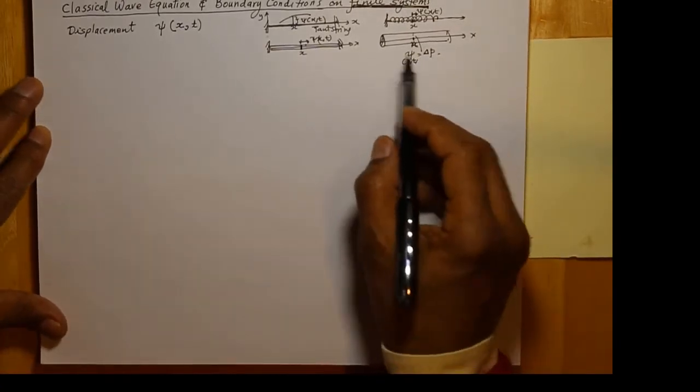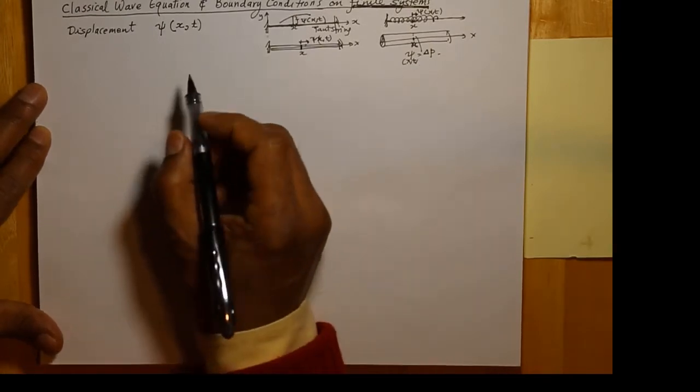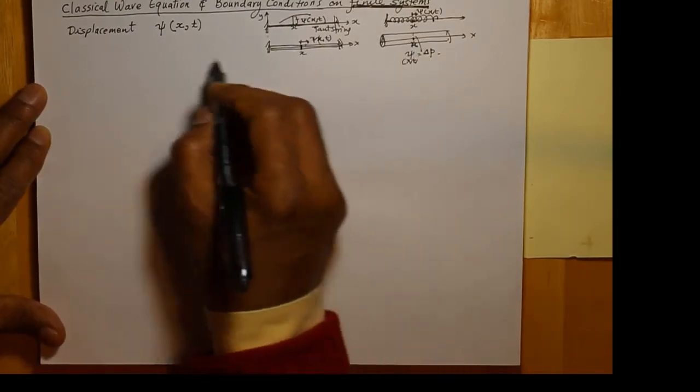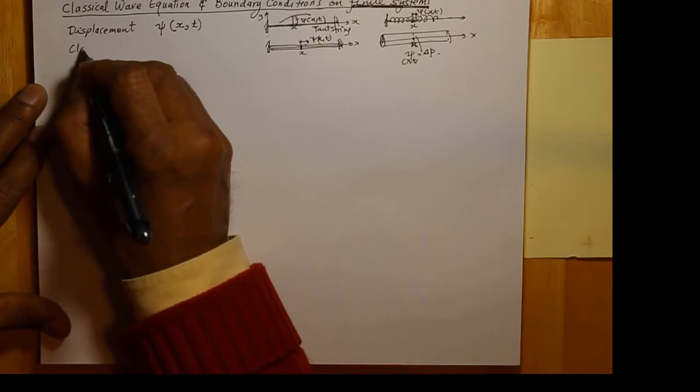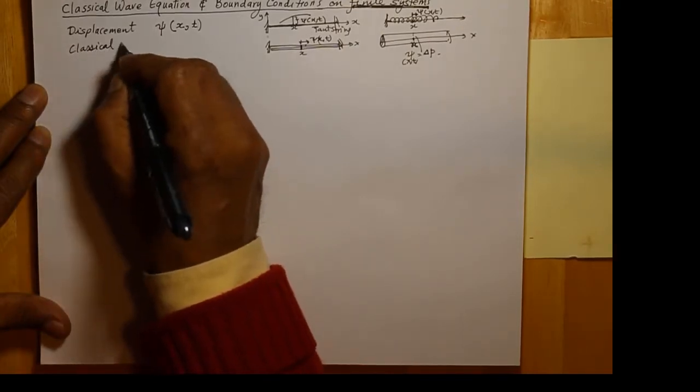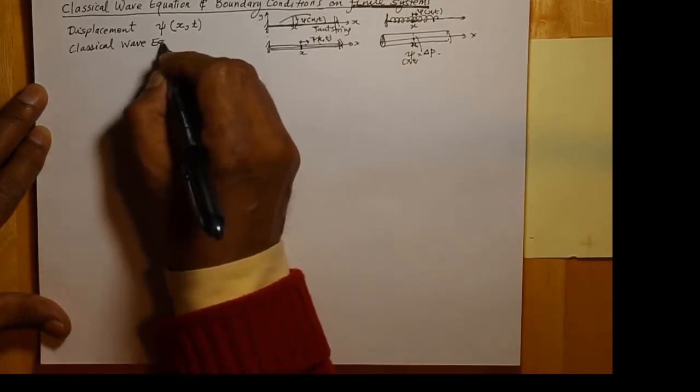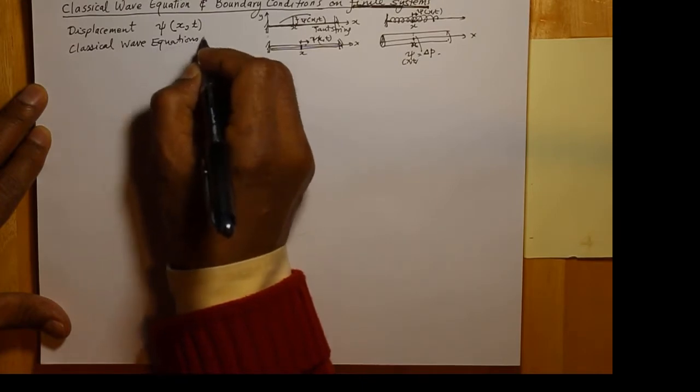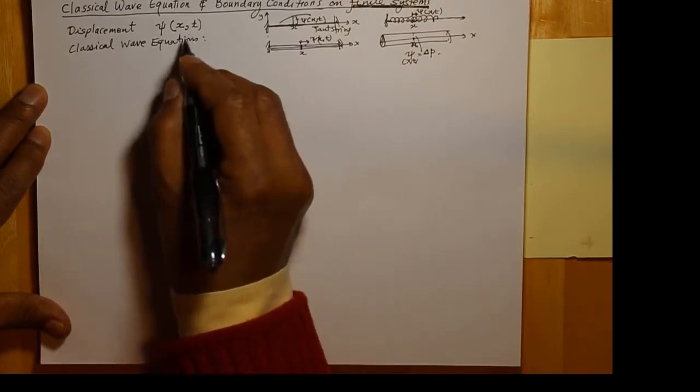So we have different things that psi may represent, and in each of these systems we have a classical wave equation that tells the dynamics of this variable.